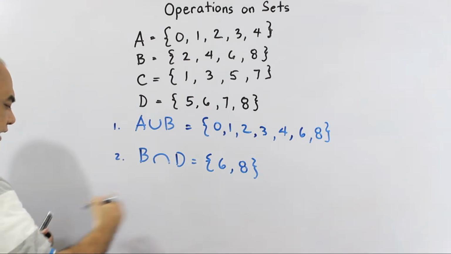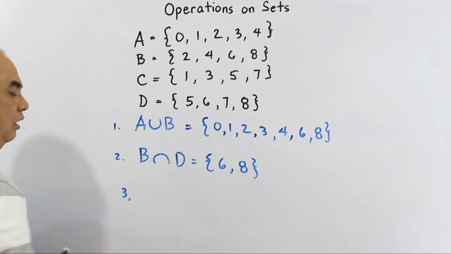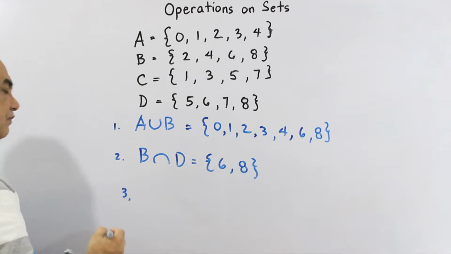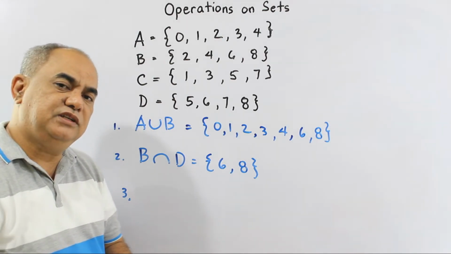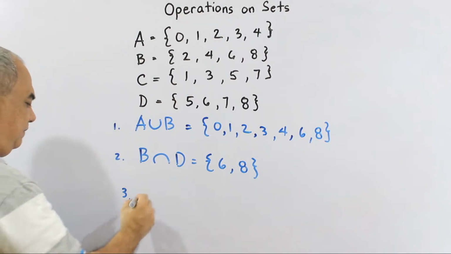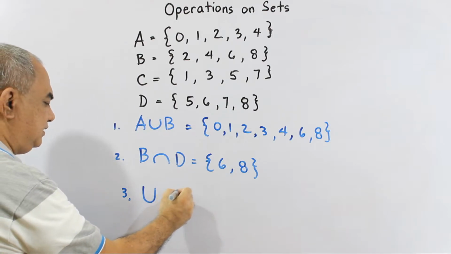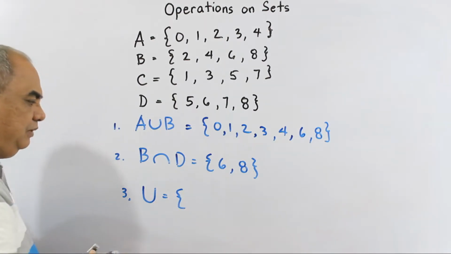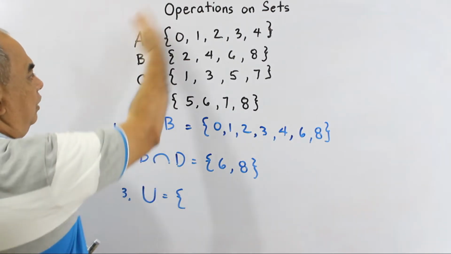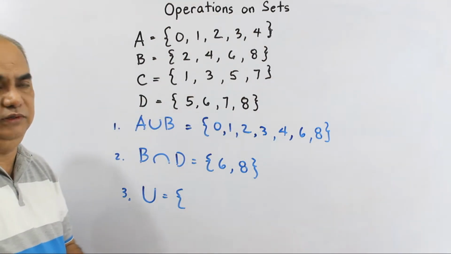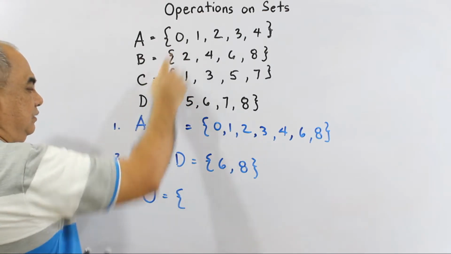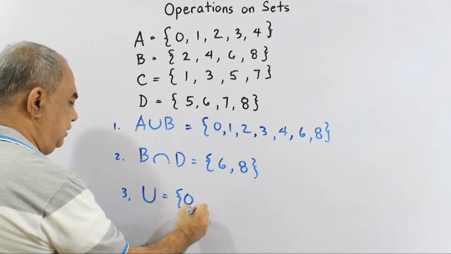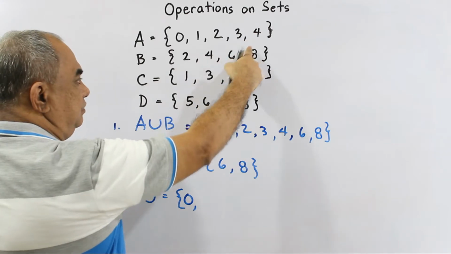Next, we're going to have the complement. But before we get the complement, we may consider the universal set. The universal set only tells us what are the elements present in all the given sets we have here. Starting from the smallest number, 0, then we have 1. These are consecutive numbers.